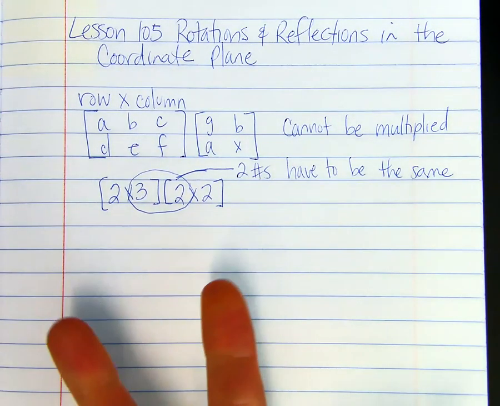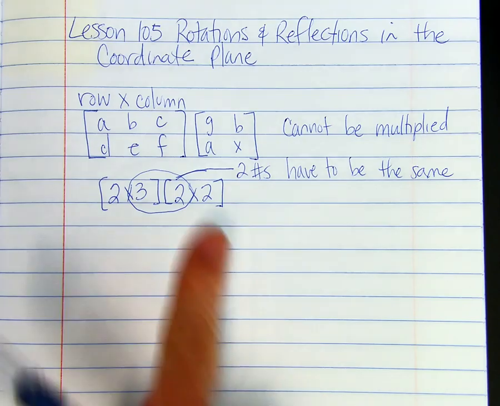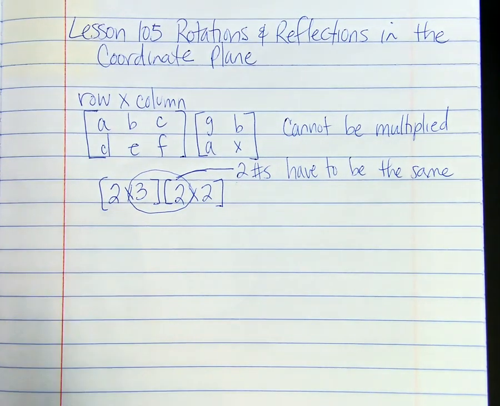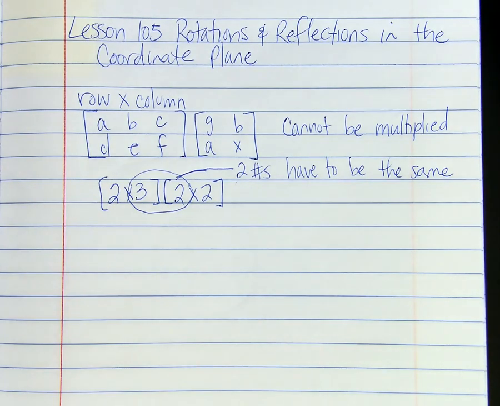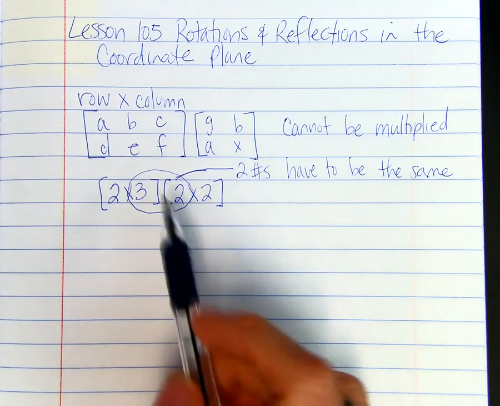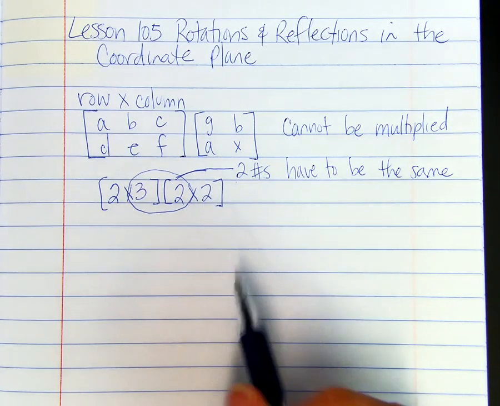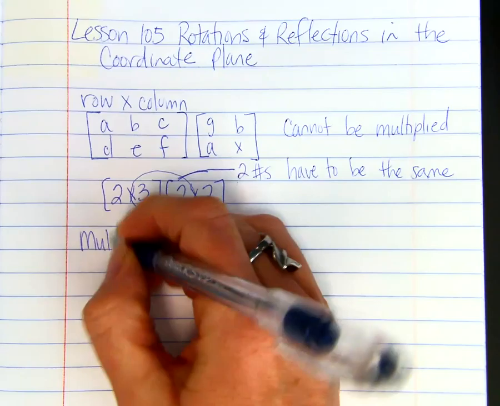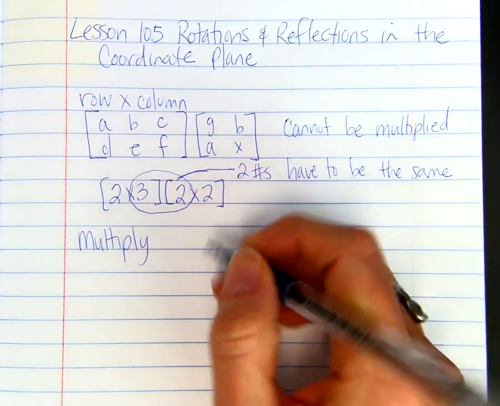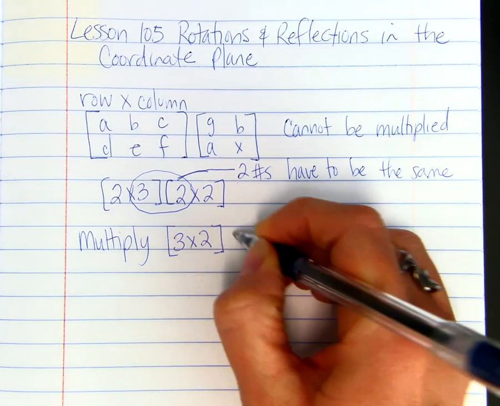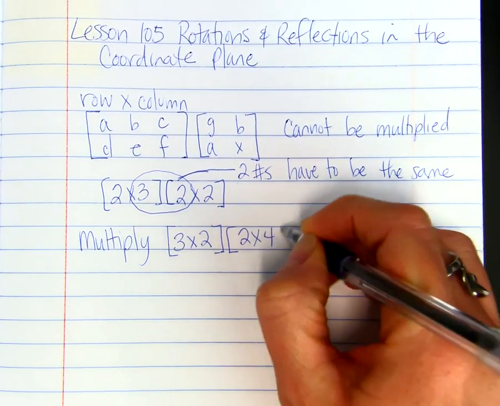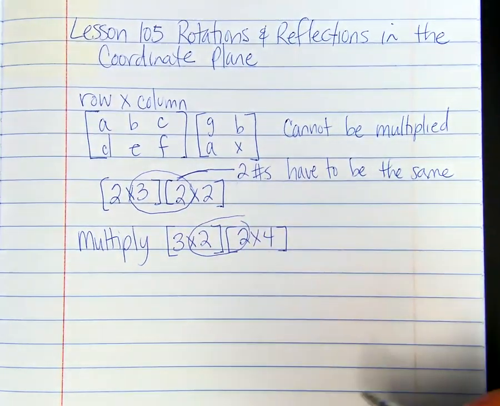So if we switched them, would we be able to multiply? If I put this one first, and then that one, would I be able to multiply? Yes. And the answer, what you get when you multiply, is a matrix with the dimensions that are on the outside. If we multiplied a 3 by 2 and a 2 by 4, we can do that because these are the same.